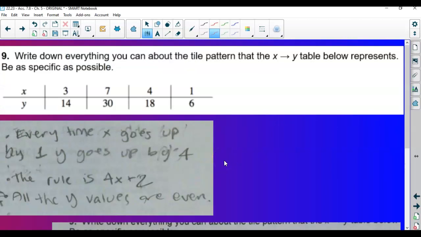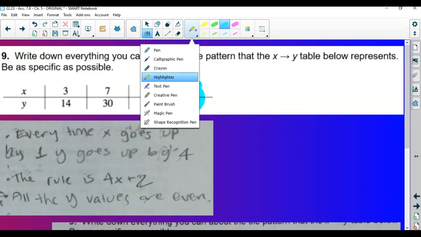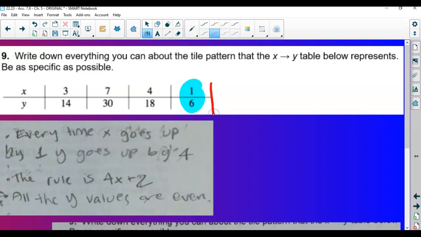I think that the person who says that the rule is 4x plus 6 is incorrect because you have 1 as x instead of 0. The value at 1x for y is not the y-intercept.